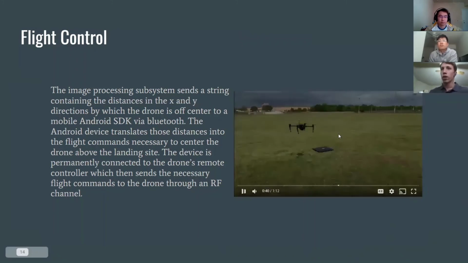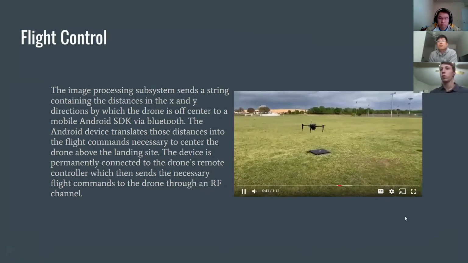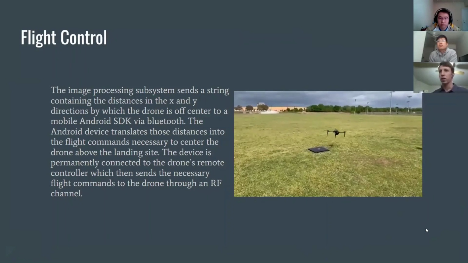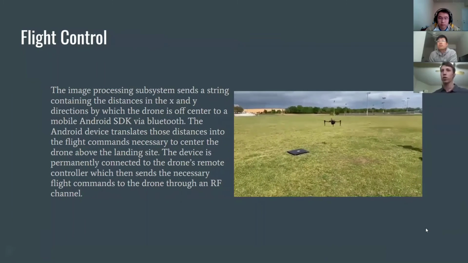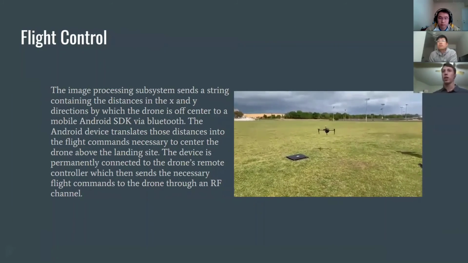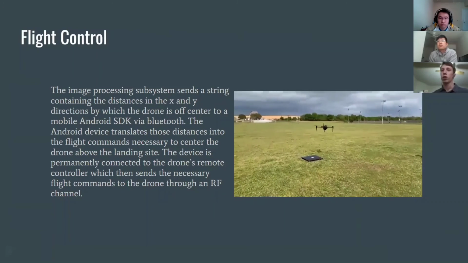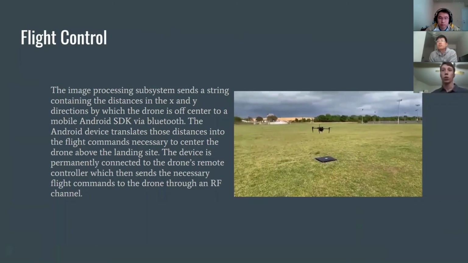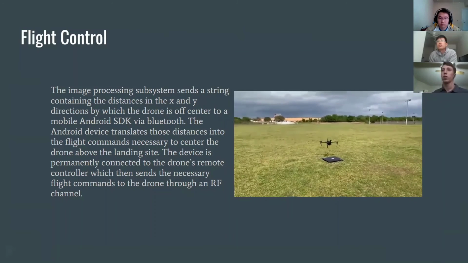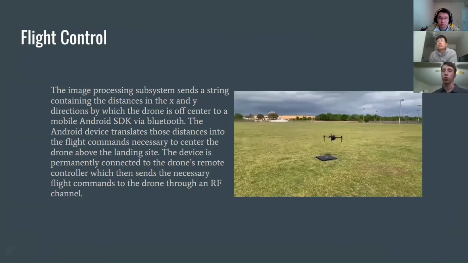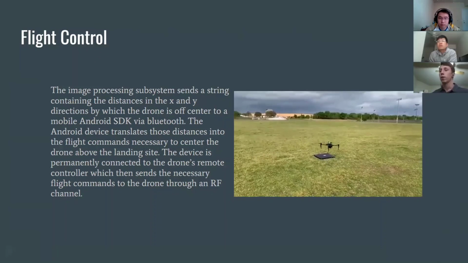Now, an issue that we had in this project was maintaining that Bluetooth connection. As you could see in the user interface that we integrated into the drone app, there was a Bluetooth connection established between the Android and the Raspberry Pi, excuse me.